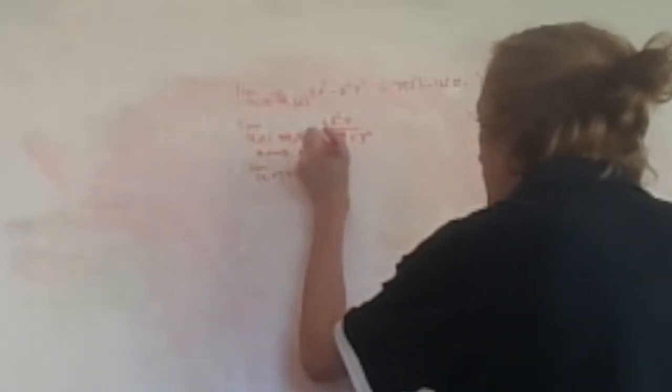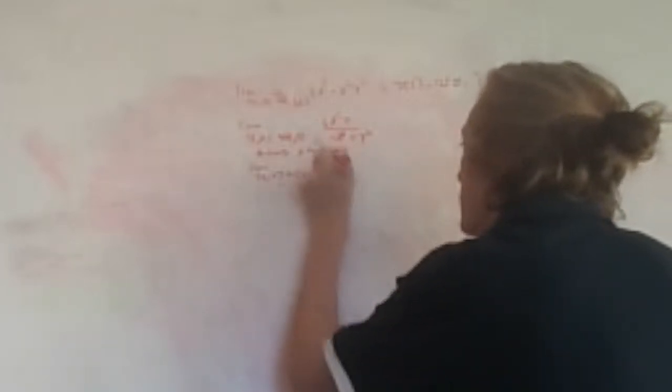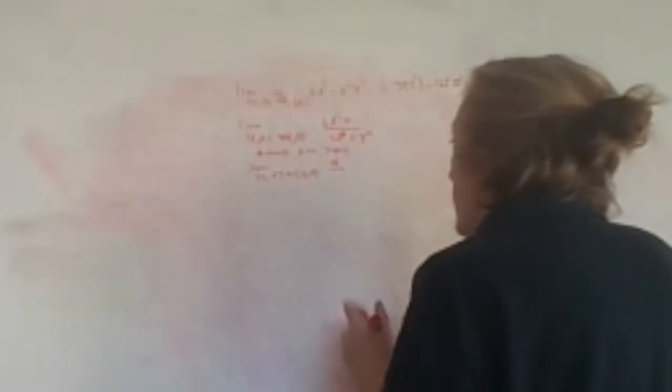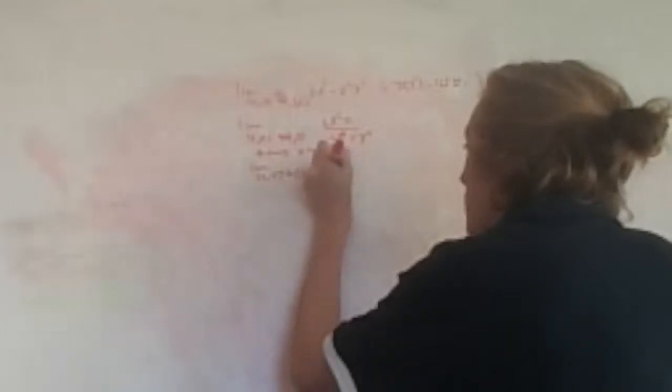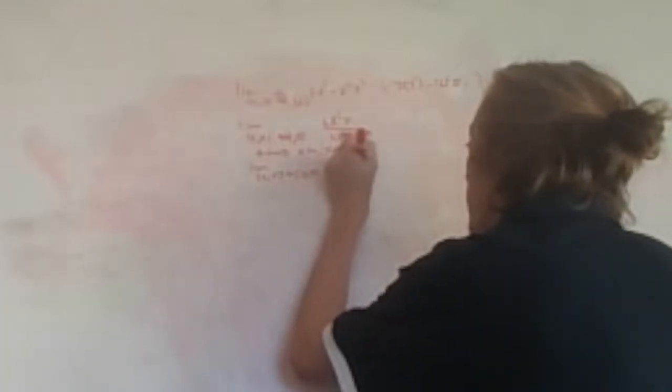Now 6 times 0 gives 0 over 0 plus y to the fourth. But because it's not 0 over 0 technically, I think we can just call this 0.